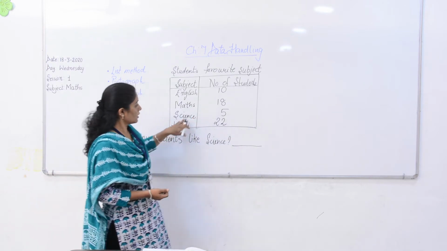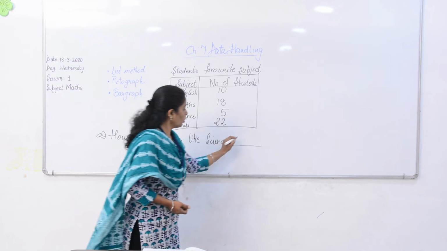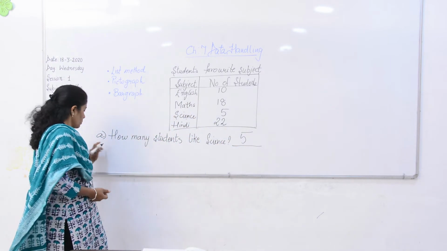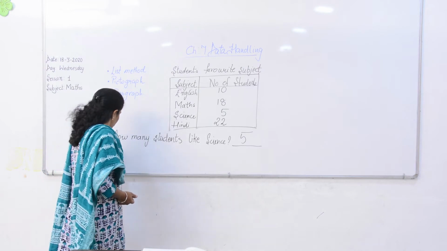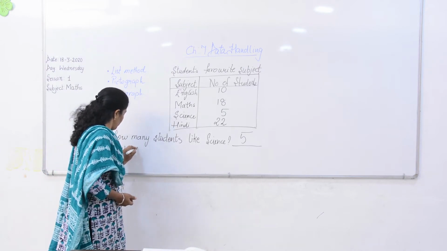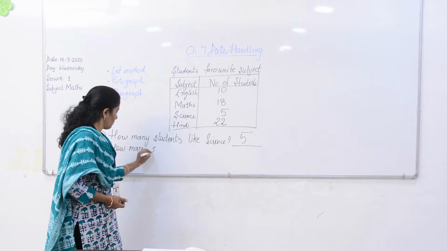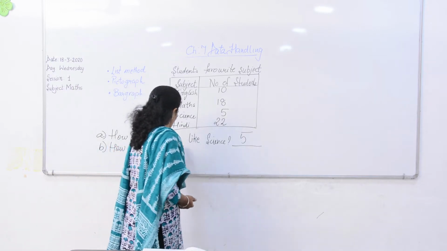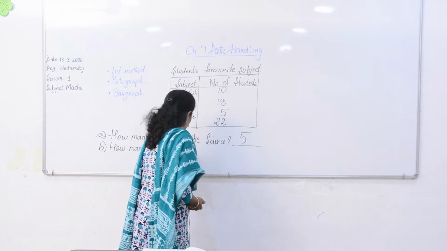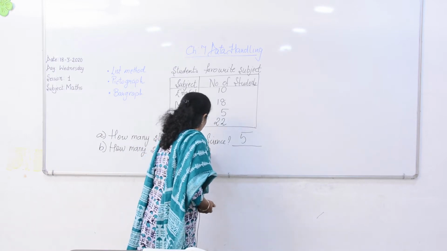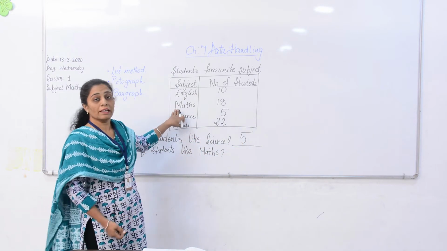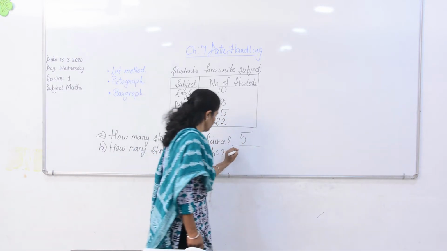Yes, the answer is 5, which we got from the table. Similarly, how many students like maths? So the number of students who like maths are 18.